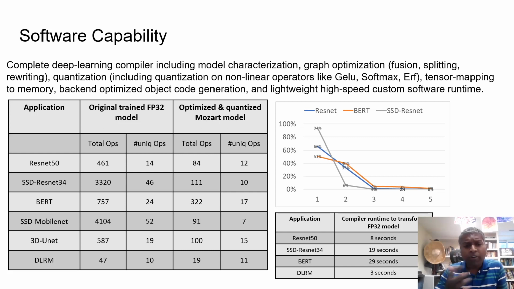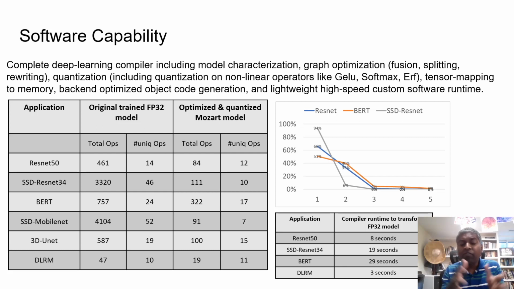And this shows coverage across a broad class of applications where we can take existing TensorFlow pre-trained models, push them through this program synthesis-based flow, create a bunch of operations, do the quantization, and run it on the end hardware.